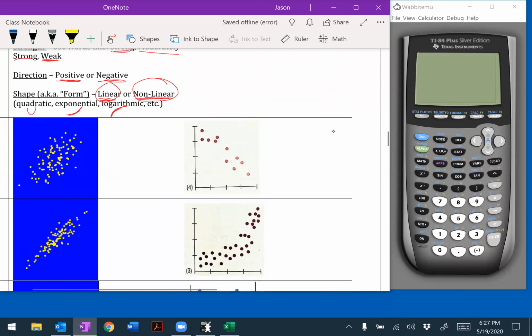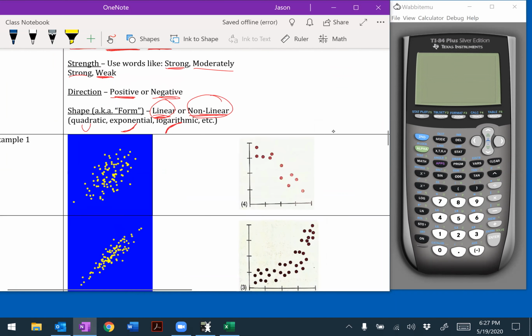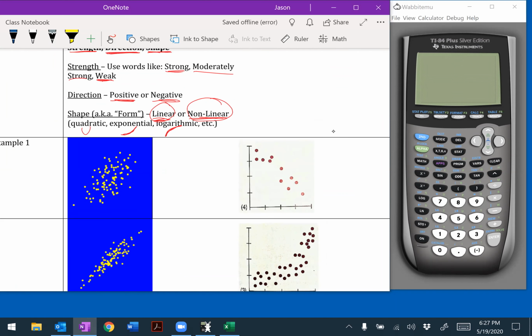Okay, so let's try to talk about the characteristics of the scatter plots that we see. Is there a correlation between the x and the y's for this first example here? Okay, so for the first example in blue here, this kind of seems like a shotgun blast.